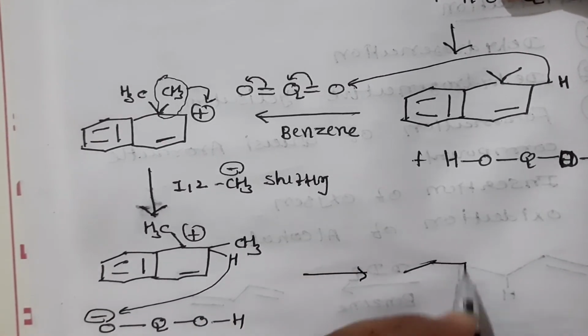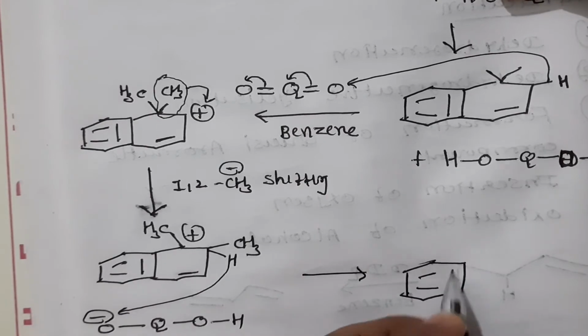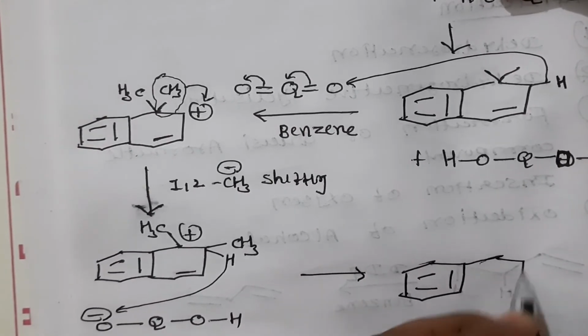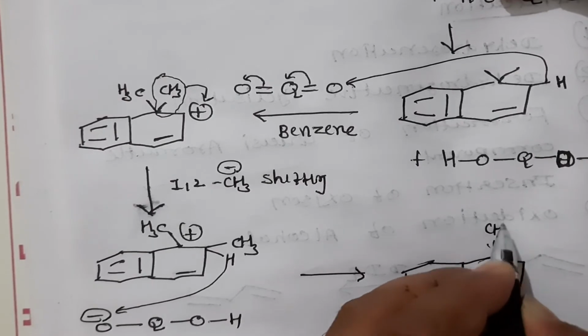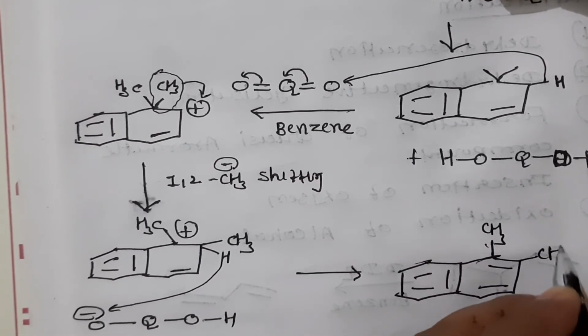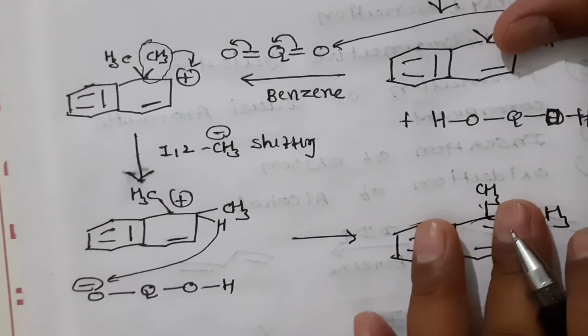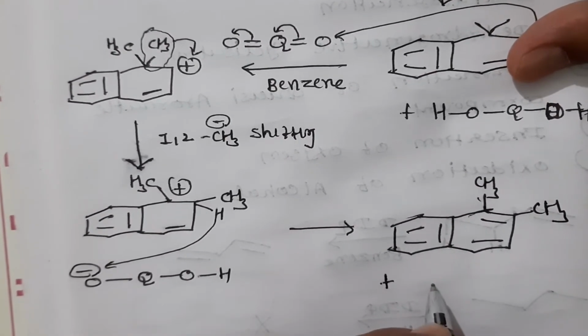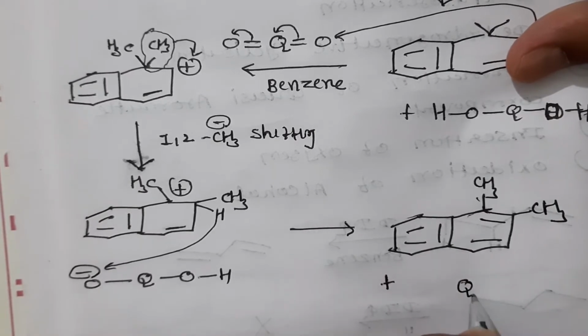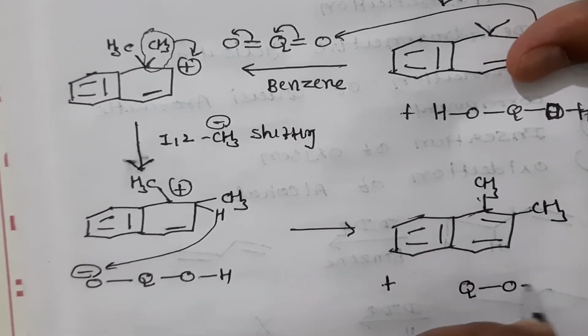So we get the desired and stabilized product like that. Here one methyl group and here another methyl group. So this is the product after using two equivalents of DDQ, and this DDQ is converted into DDQH.